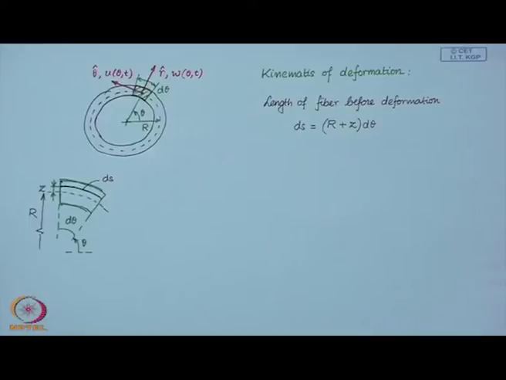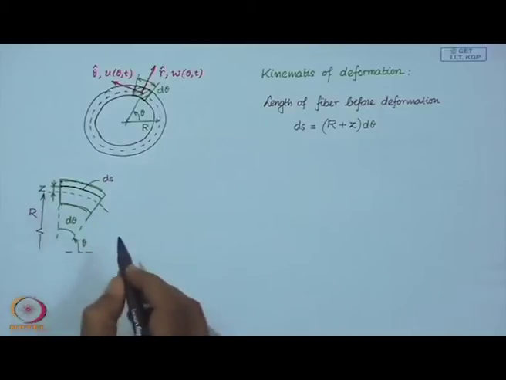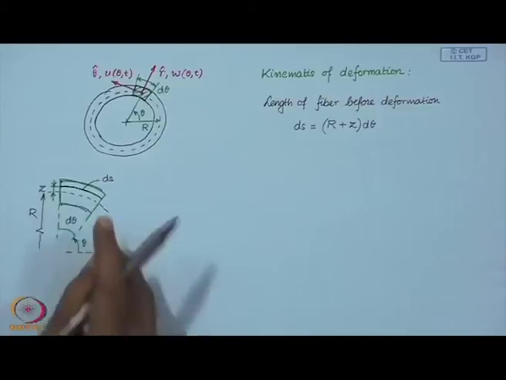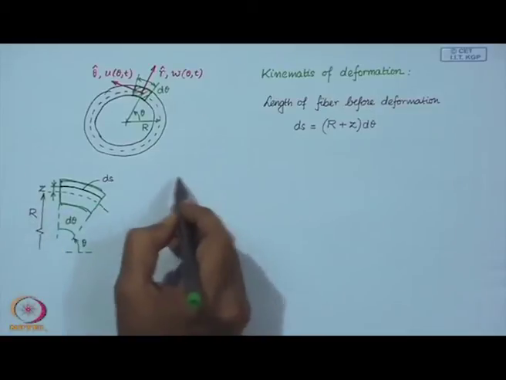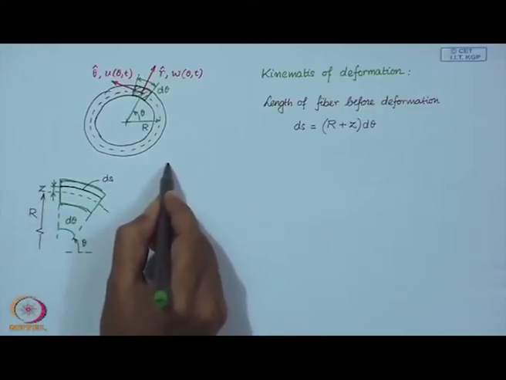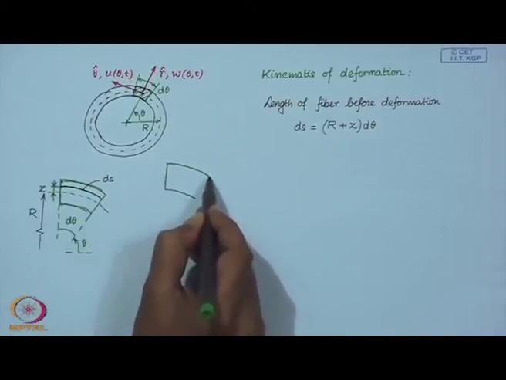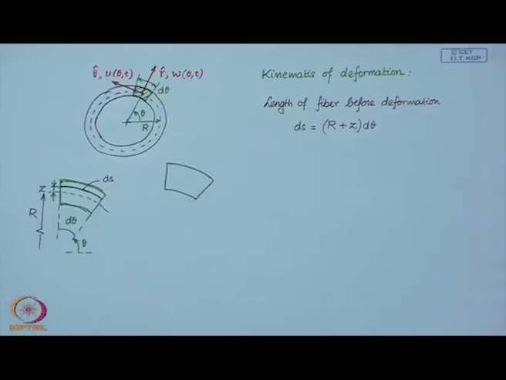Now, when this element deforms, you can consider this deformation in two steps. One is its axial elongation.